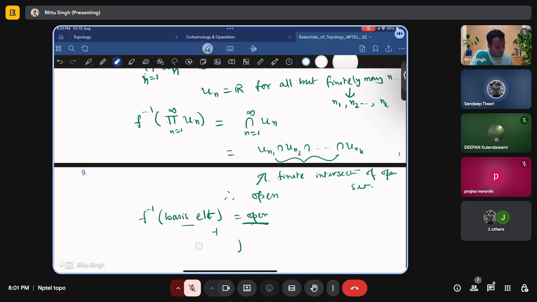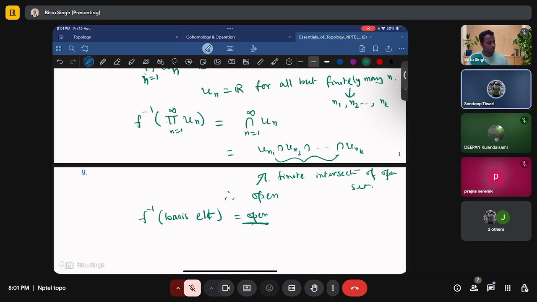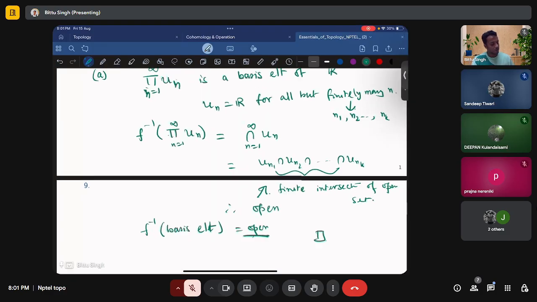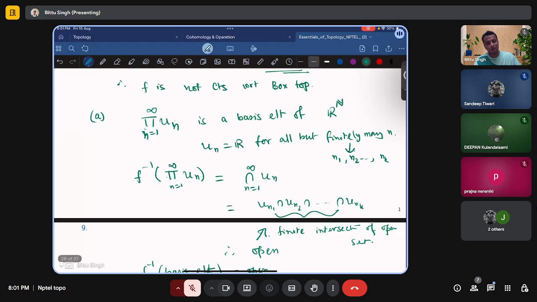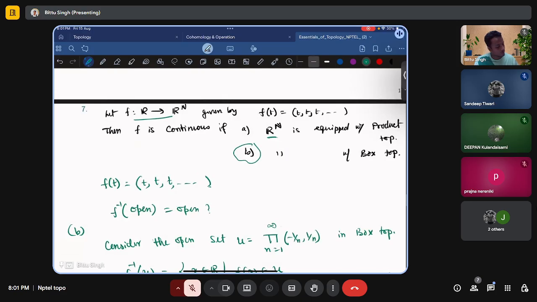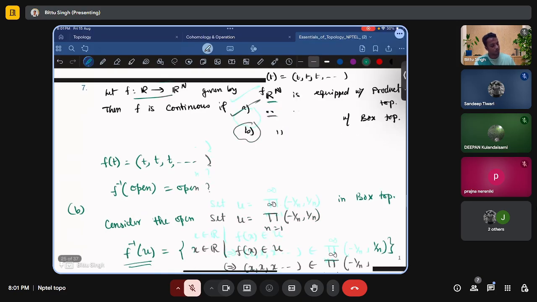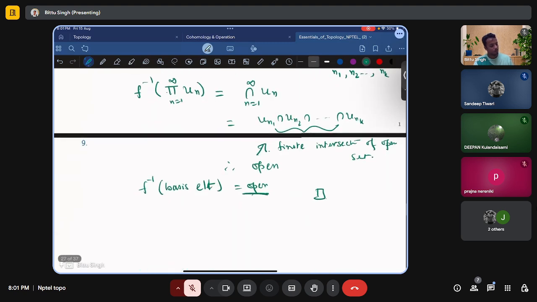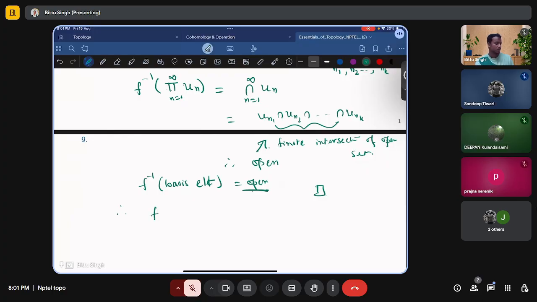So it is enough to consider the basis element. So we are done. We have proved that f inverse of any open set is open. Therefore, f is continuous in product topology.